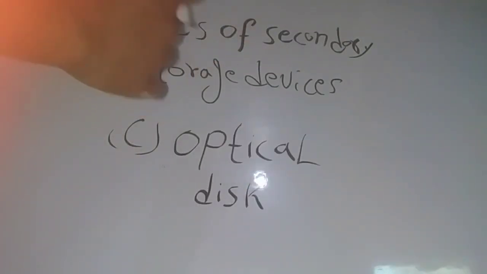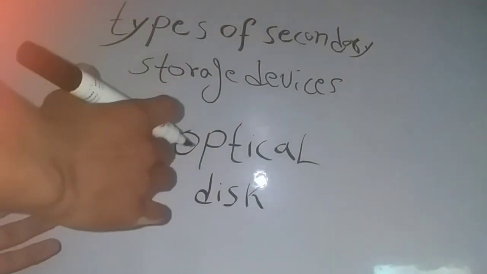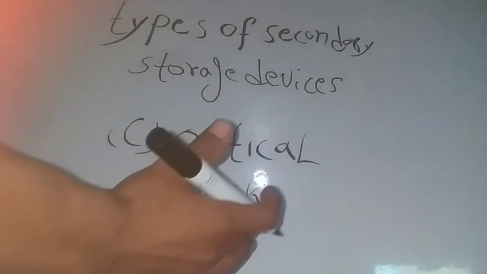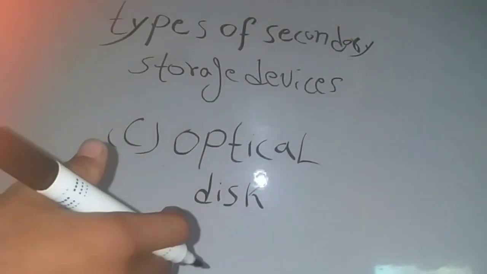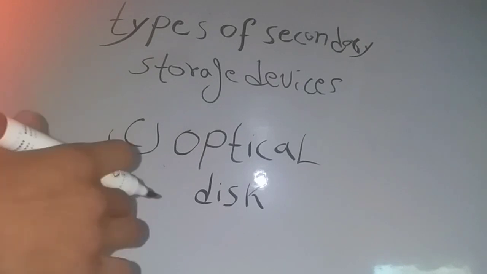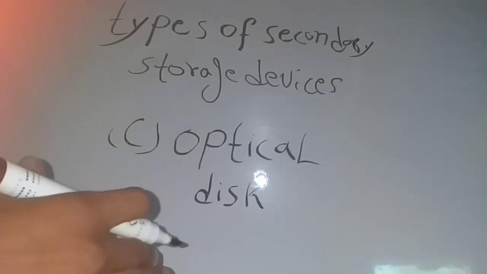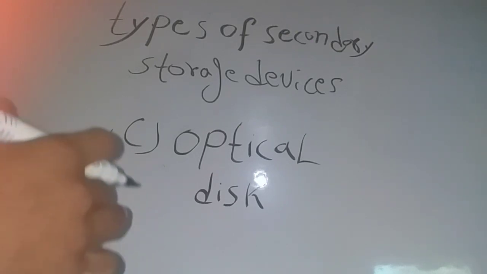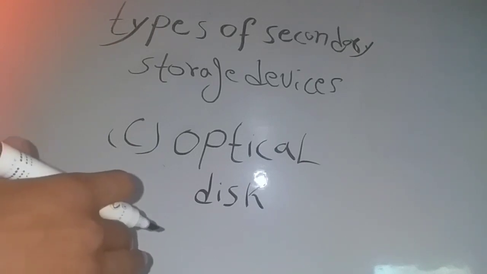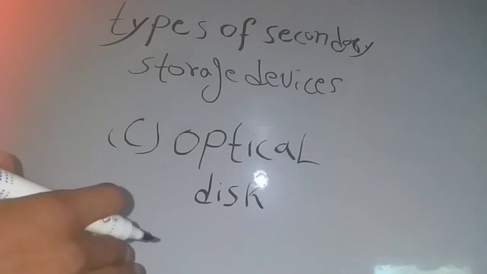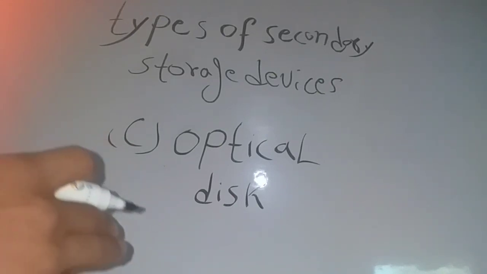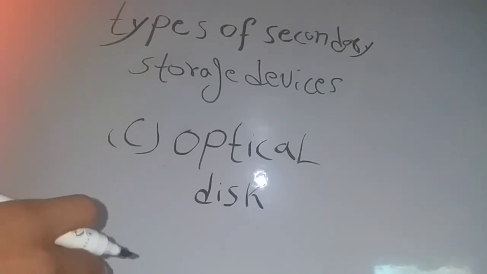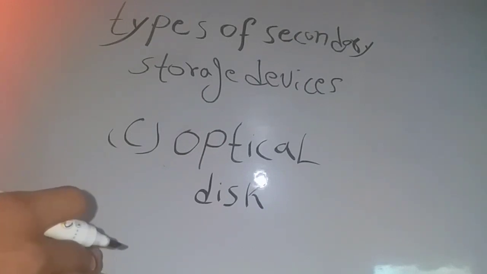Secondary storage type, third device, optical disk. What is an optical disk? An optical disk is a flat, usually circular disk which encodes binary data in the form of binary value 0 due to lack of reflection, and value 1 due to reflection, with a reflective material, aluminum, on one of its flat surfaces.